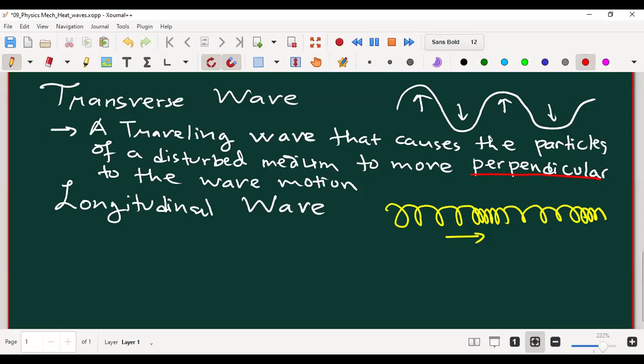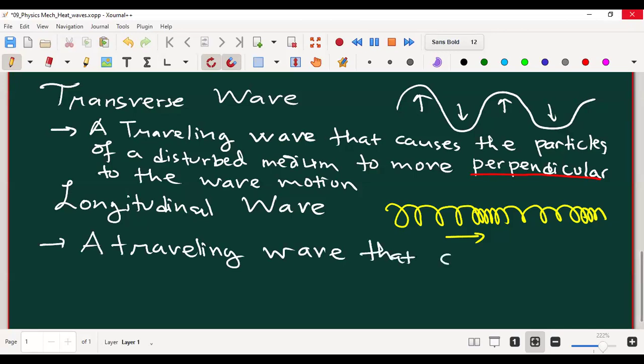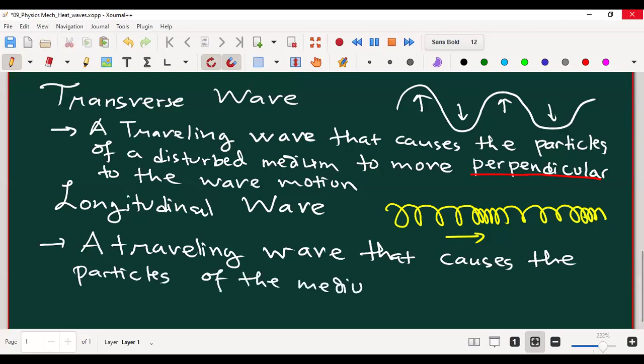It is similar: a traveling wave that causes the particles of the medium to move parallel to the direction of wave motion.